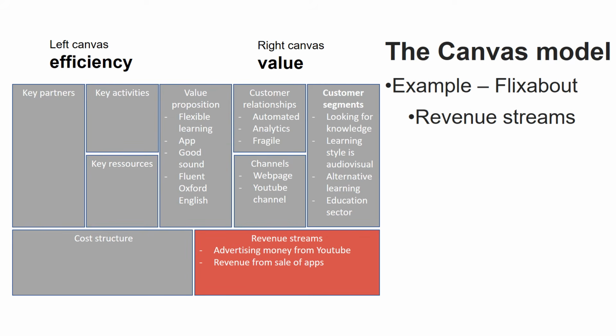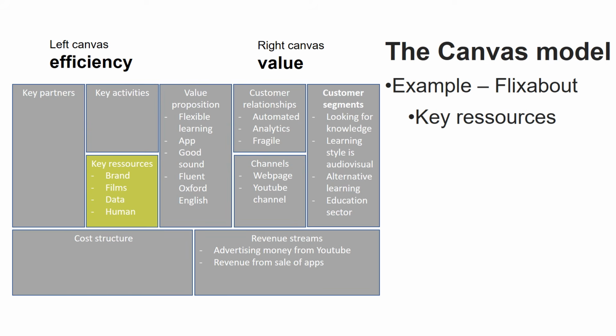Flixabout revenue streams consist of advertising money from YouTube and revenue from the sale of apps. Flixabout's key resources are the brand, some hardware and software, films about the theories, customer data about the use of the movie. However, the main resource is human.